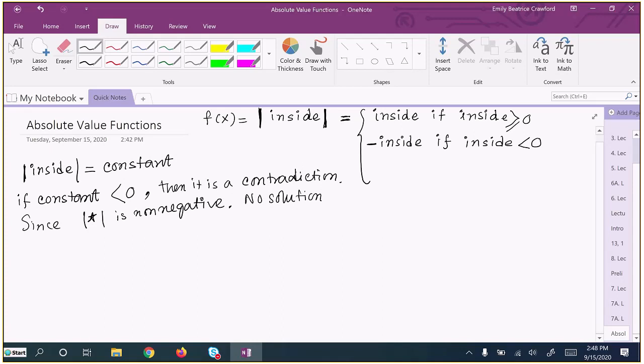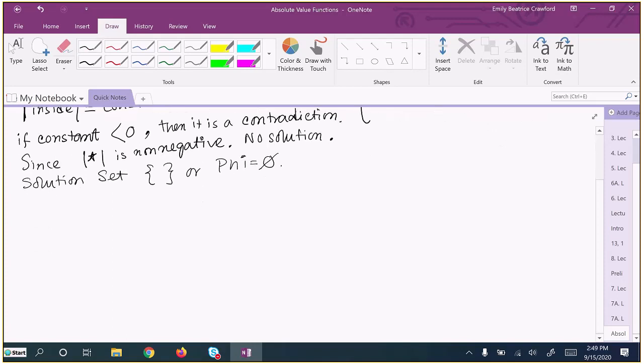We will simply say there is no solution. If someone asks us to write down the solution set, our answer simply is going to be the empty set, or in notation, a set with no elements inside, or phi, which is this Greek letter.